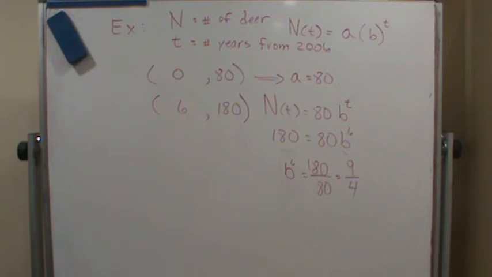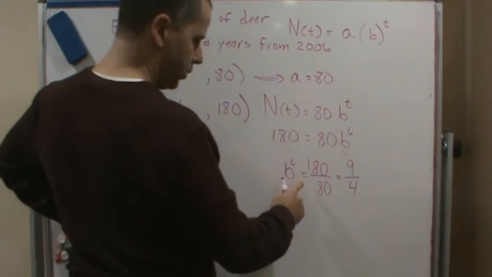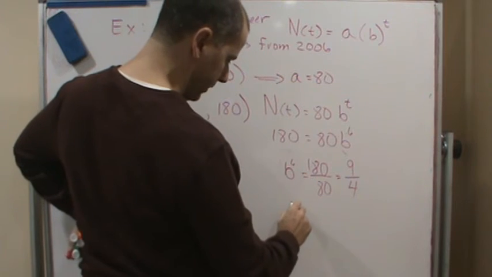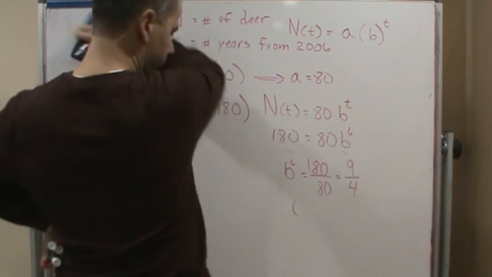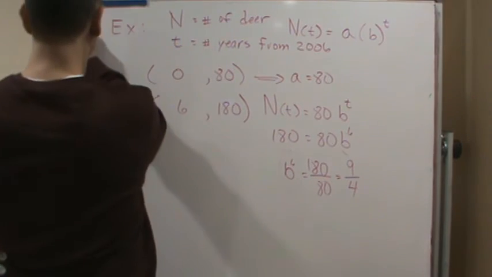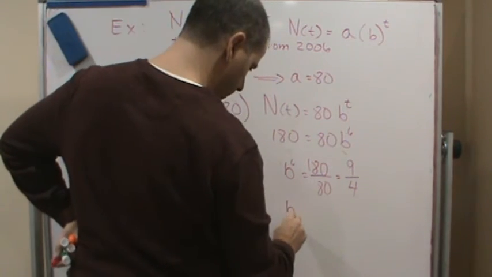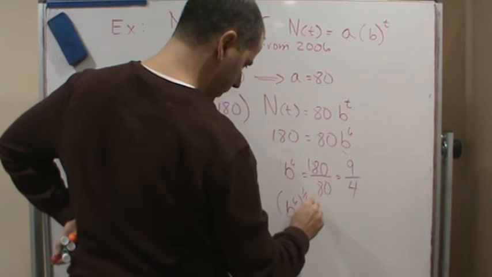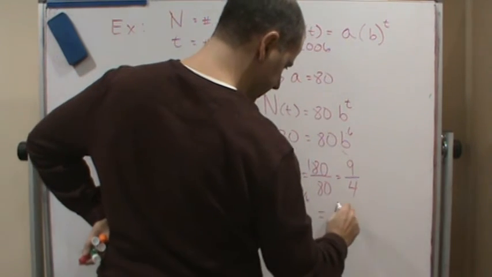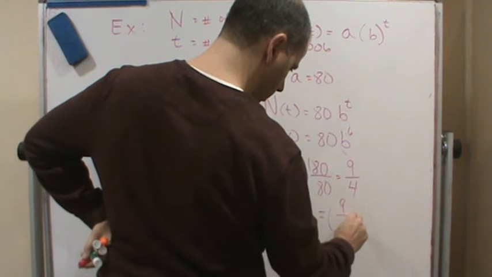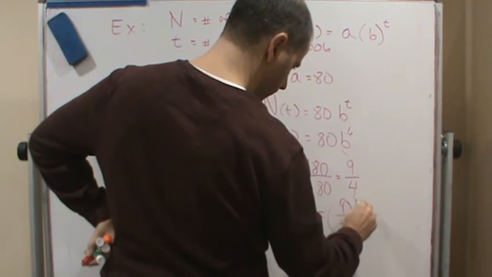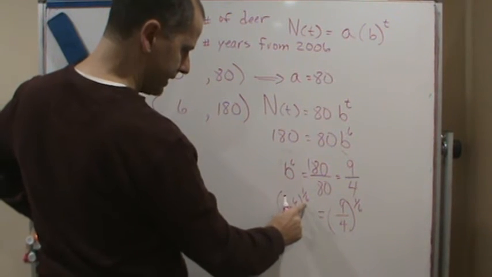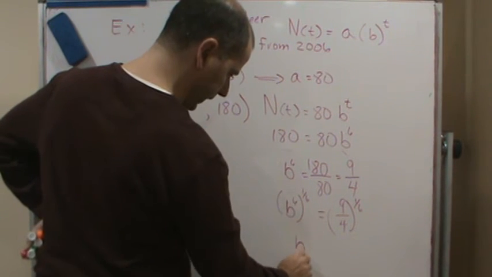And so now if I take each side and raise it to the 1/6 power, so I'm going to raise b to the 6 to the 1/6 power, and I'm going to raise this side to the power of 1/6. Well, using the power rule, we get 6 times 1/6, which just gives us b.